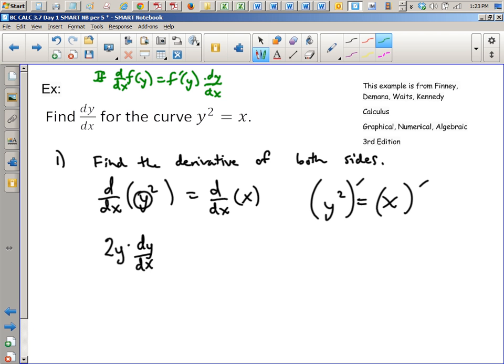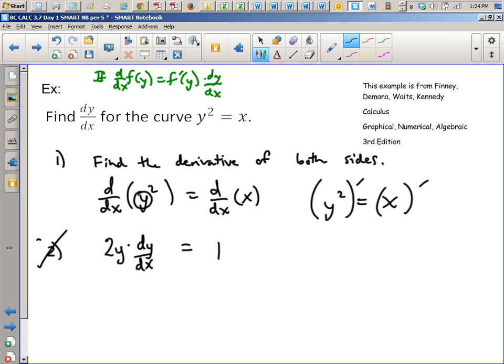Okay? Let's go to the right side of the equation. What's the derivative of x? That truly is 1. Yes. Step 2 is to group any terms that have dy dx, or y prime you could say, on one side, and anything that doesn't on the other side. Well, that's already kind of done for us, right?